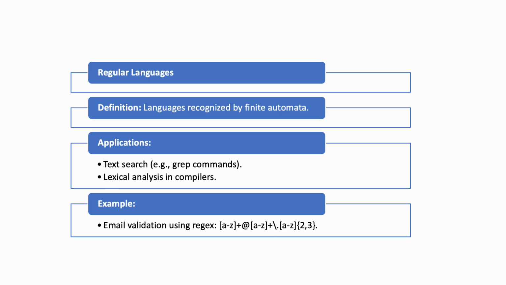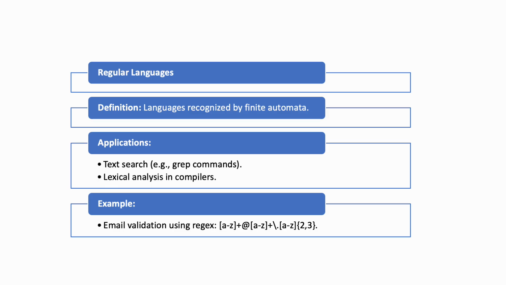For instance, when you are designing a login system for your workspace, you might use a regular language to ensure that your email address entered follows a standard format. Similarly, if you are parsing log files or configuring a server, regular languages allow you to filter and extract the exact information you need efficiently.